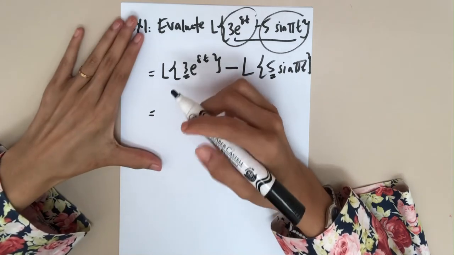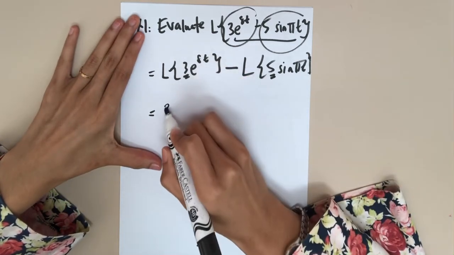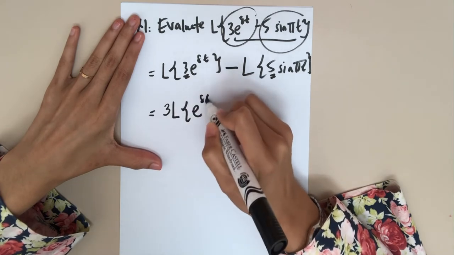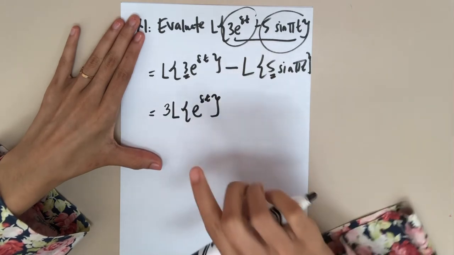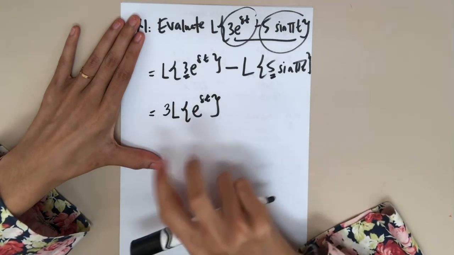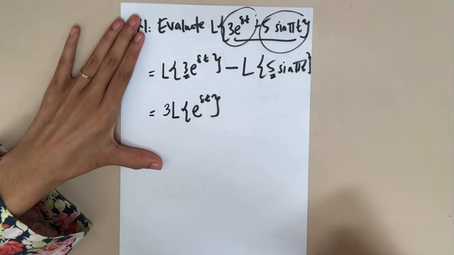Same concept. So we bring these constants outside the Laplace, and we just remain inside the bracket with e^(8t). This is the concept of linearity applied.